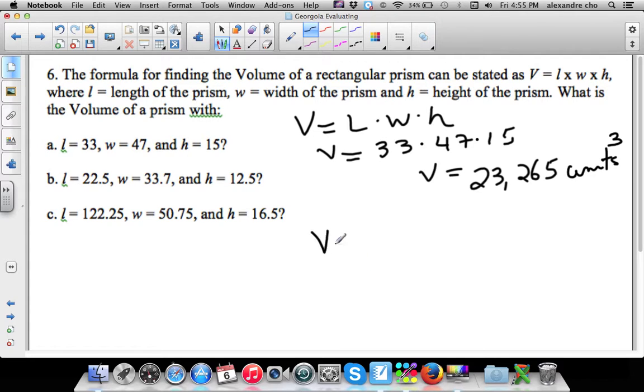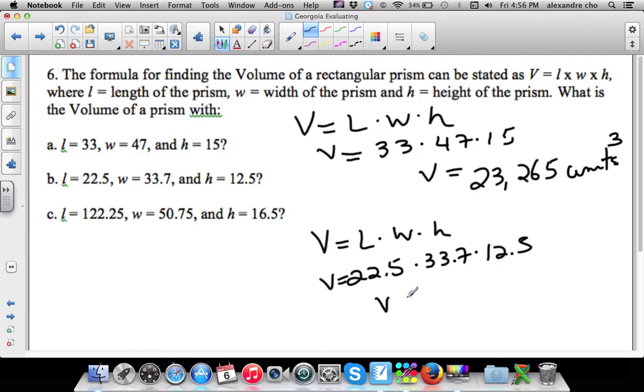B, again, same formula, V equals L times W times H, and in this case you have different values. L is 22.5 times 33.7 times 12.5. So you got 22.5 times 33.7 times 12.5, and that's going to give you a volume of 9,478.125.